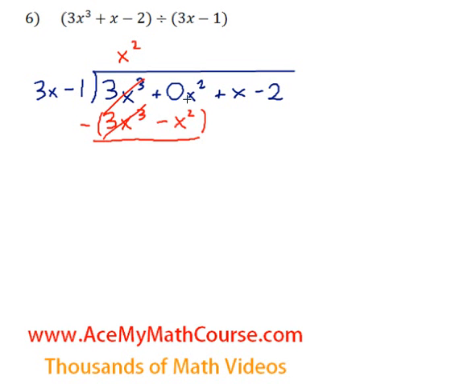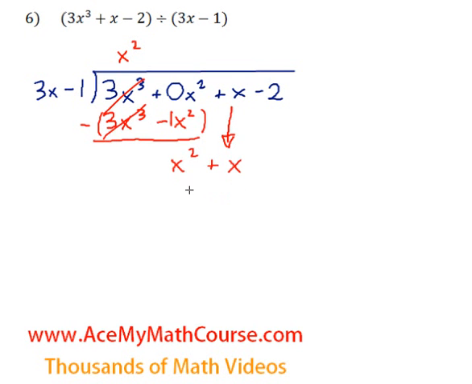Then 0x squared minus negative x squared is just x squared, because 0 minus negative 1, there's a hidden 1 here, of course, becomes 0 plus 1, because minus a negative makes a plus. And at this point we can now bring down the x.